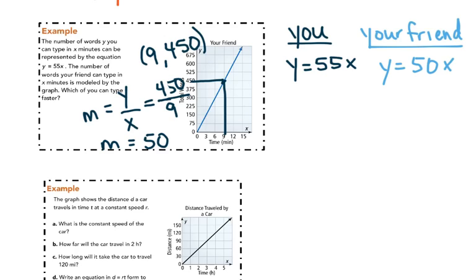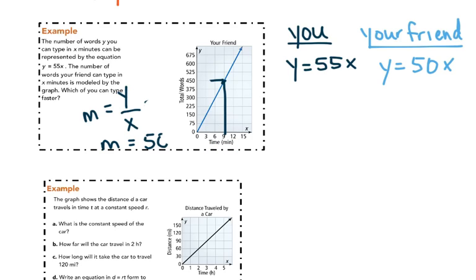Now let's talk about what those m's stand for. The y value talks about words, and the x value talks about minutes. So when I did y divided by x, I'm really talking about words per minute.